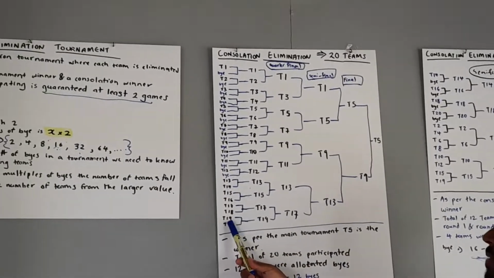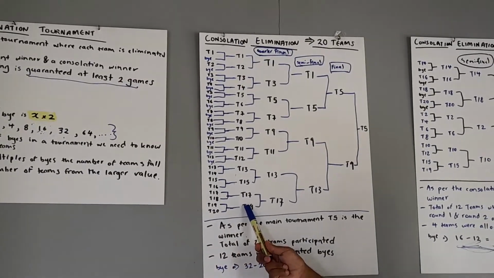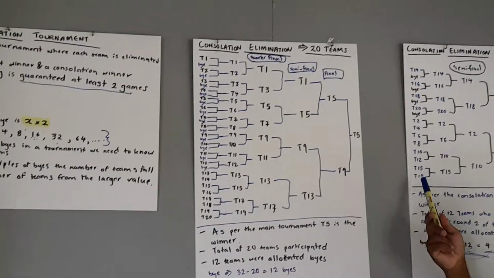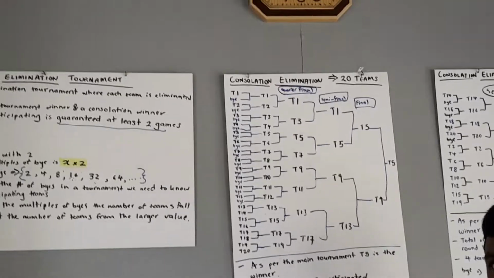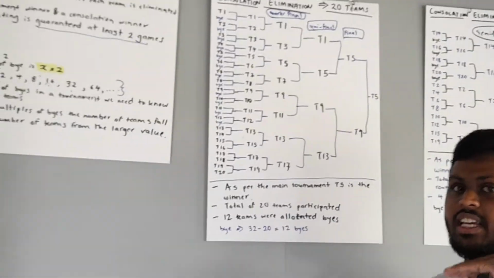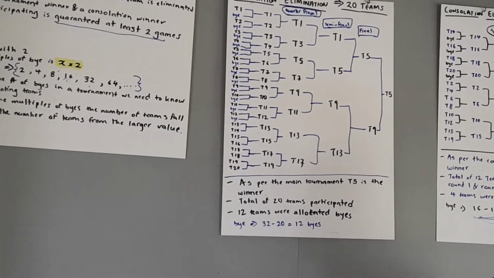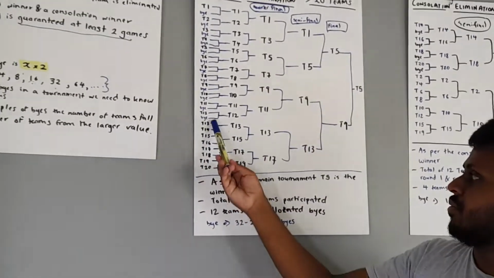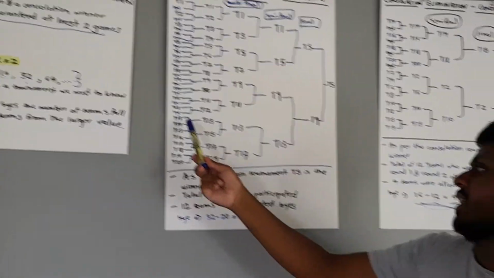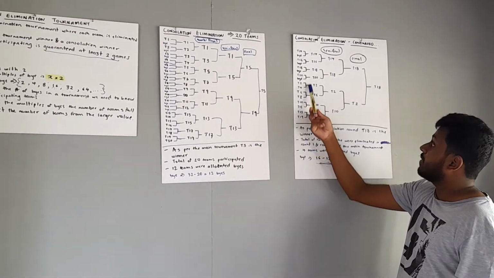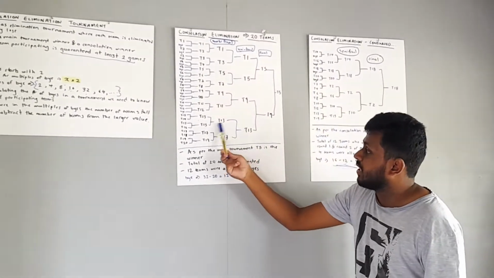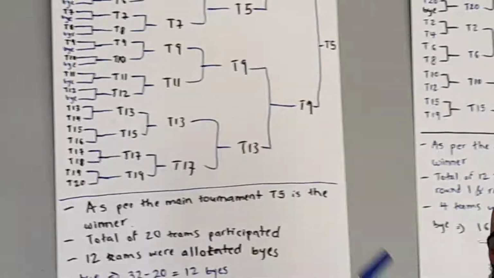Similarly for team 19, 1 game, 2 games. So they have already met the category, and they played 3 games, right? If a team plays 2 or more games, that means they have met the category of a consolation elimination tournament. We can check for team 13, where it plays 1 game and 2 games. Again it plays 2 or more games.